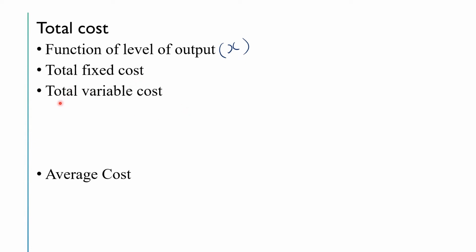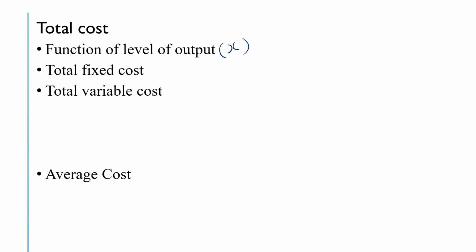Then we have the total variable cost. The total variable cost varies with the level of output. For example, raw material cost and labor cost are variable costs because they will increase with the increase in the number of units produced, and decrease with a decrease in the number of units produced. So the total cost is the sum of the total fixed cost and the total variable cost.